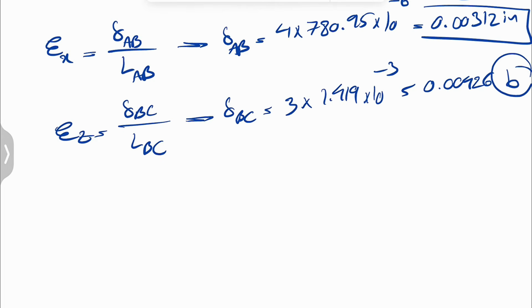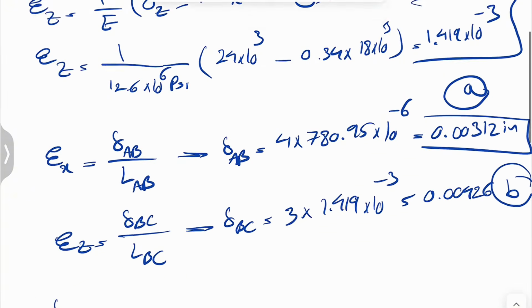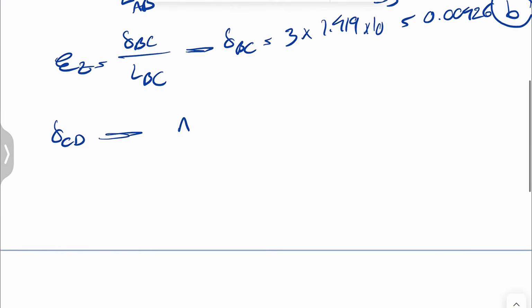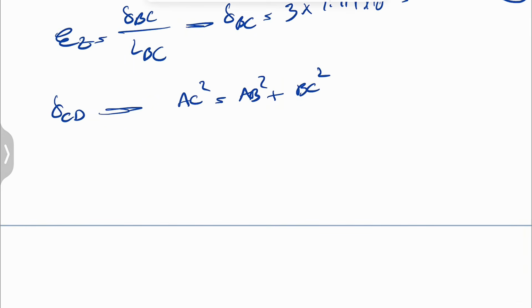And the last part is the trickiest, because we are looking for delta AC. Based on the Pythagorean theorem, we know that AC squared is equal to AB squared plus BC squared. To simplify things a little, I'm going to call this C squared, this one A squared, and this one B squared.